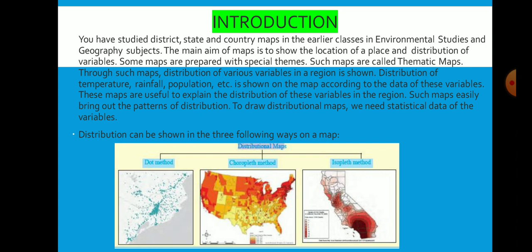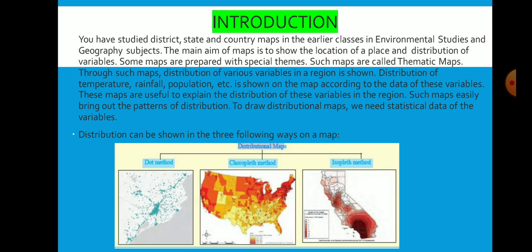The maps that are prepared with a special theme are called thematic maps. And the maps showing the geographical distribution of temperature, rainfall, population, etc. are called distributional maps. Distributional maps are useful to explain the geographical distribution of various variables in a region.